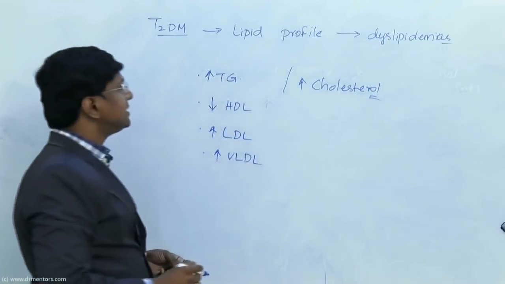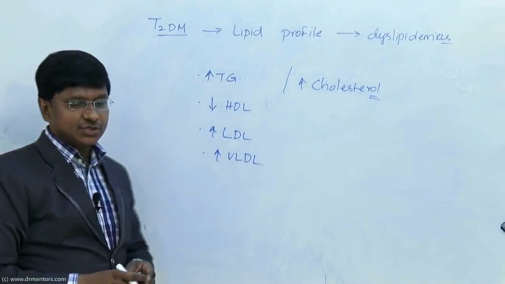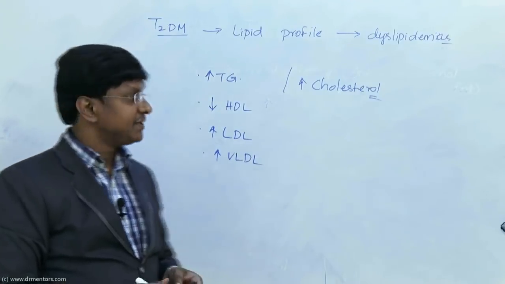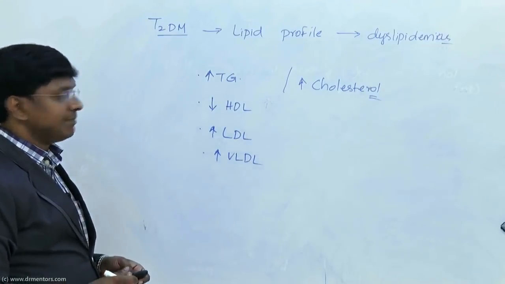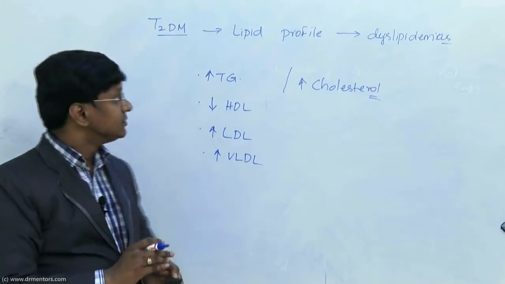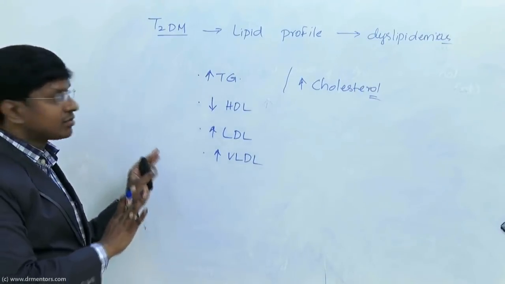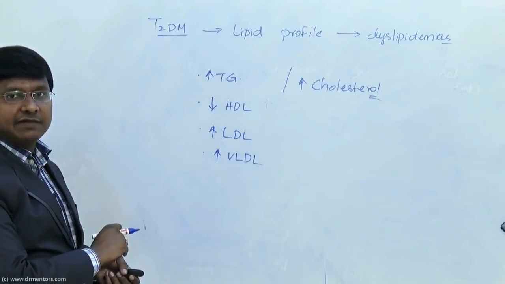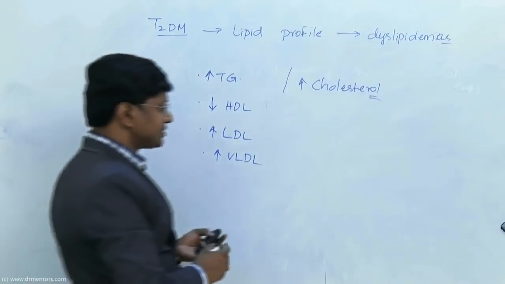So this is the lipid abnormality we see in patients with type 2 diabetes mellitus, which is seen after the age group of 30 years.